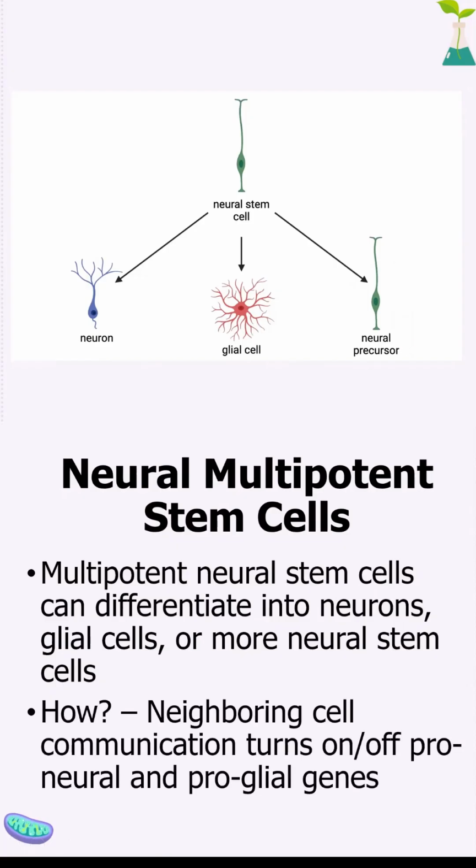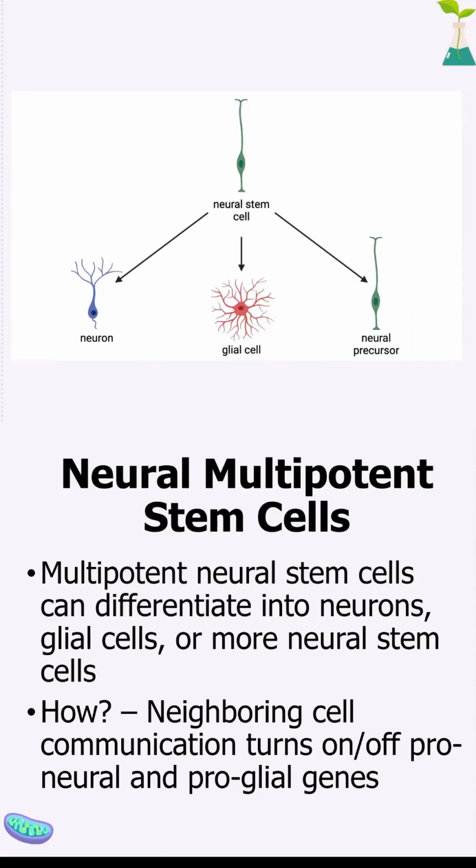Now, how does this work, by the way? How do they differentiate? There's lots of signaling going on in the human body. So as an embryo is developing, or just in general, when you're living life, there's lots of cell communication going on. And in that cell communication, if one cell is communicating with another, or there's hormones or whatever, there are different types of signals going on. These signals are going to turn on or off certain genes.